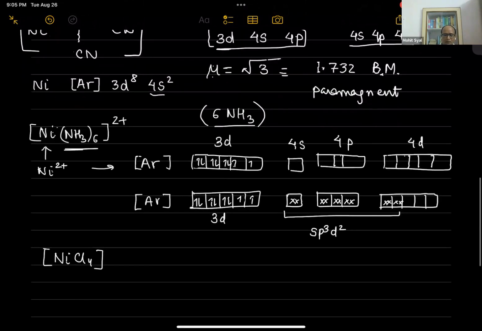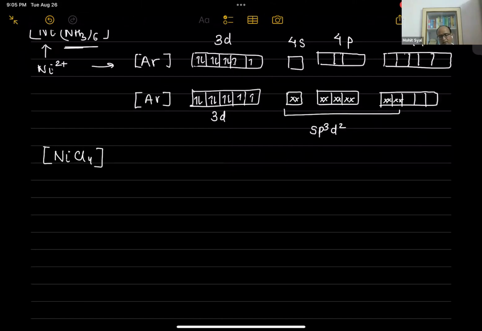This is the question from which we started our discussion in today's class. We started discussing that valence bond theory was unable to predict the geometry of complexes having four groups. Sometimes they are tetrahedral, sometimes square planar.